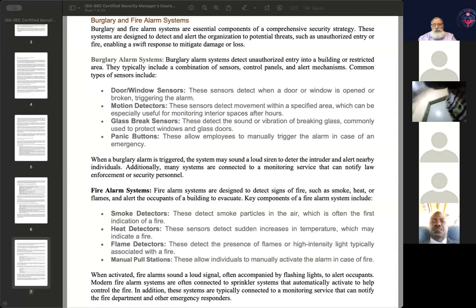And many professional security systems also have the ambush code, as I call it.